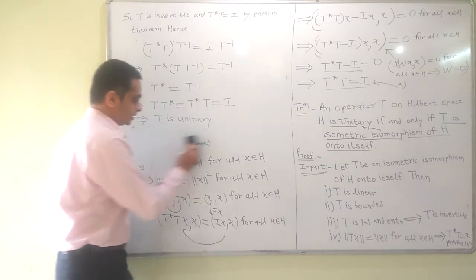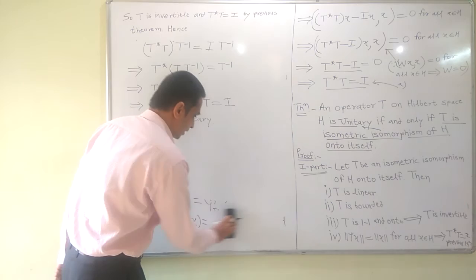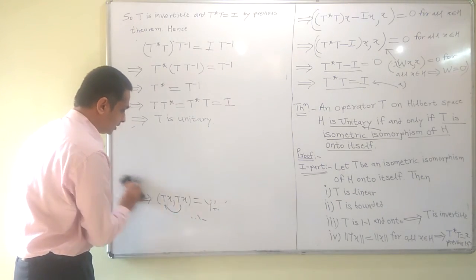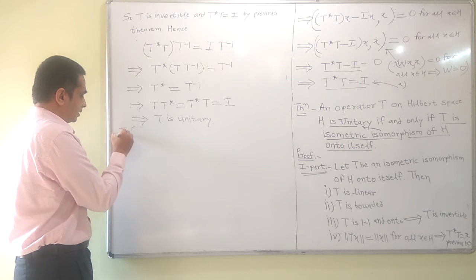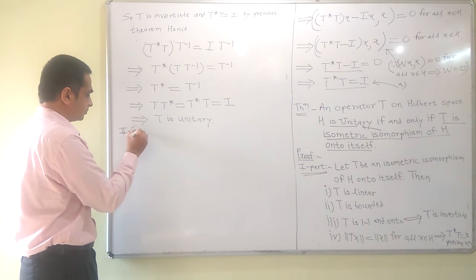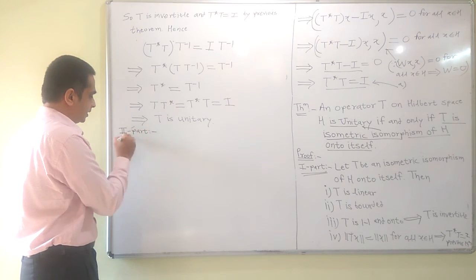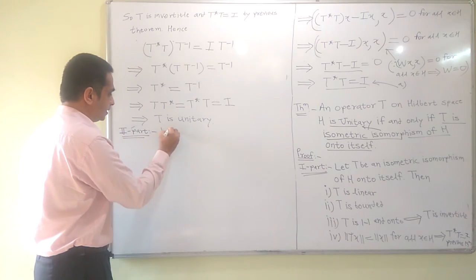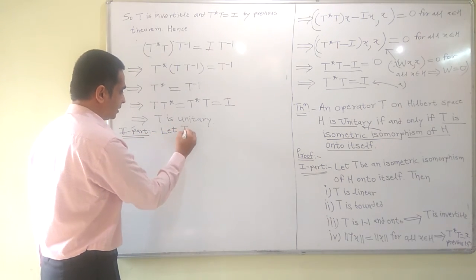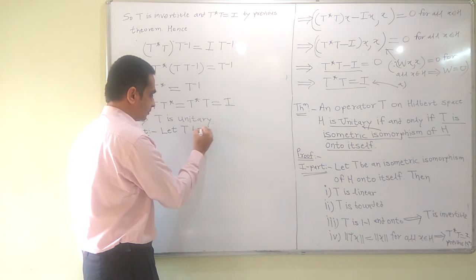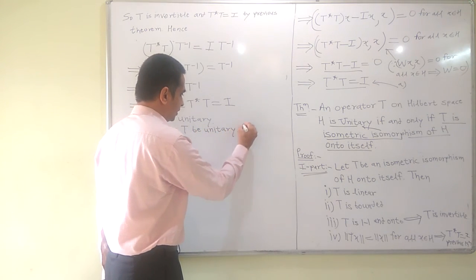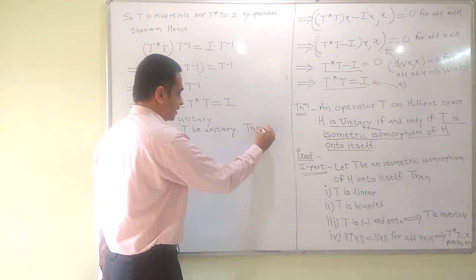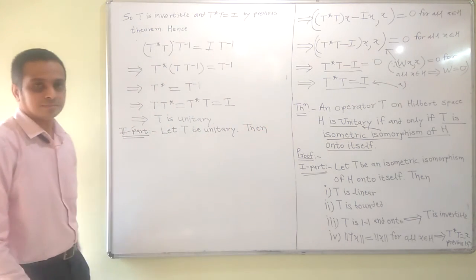Now the second part. In the second part, let T be a unitary operator on H. Then this T will satisfy certain properties.